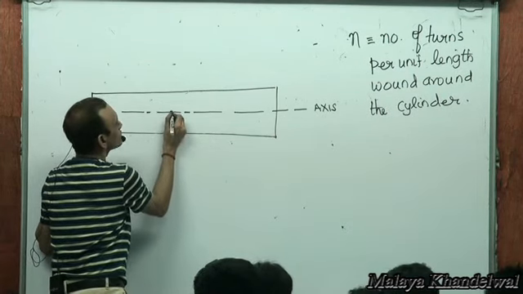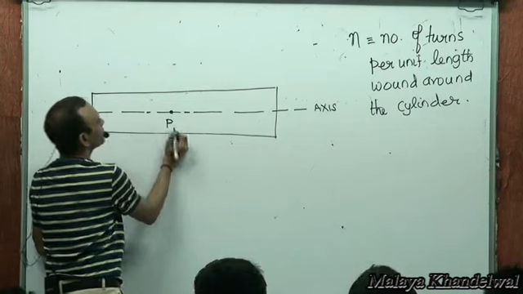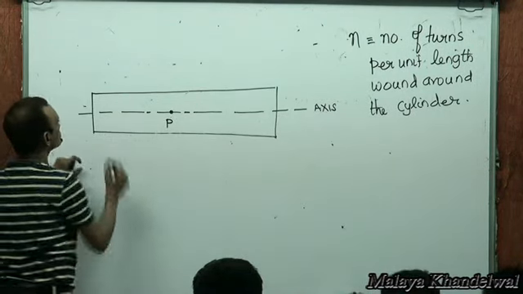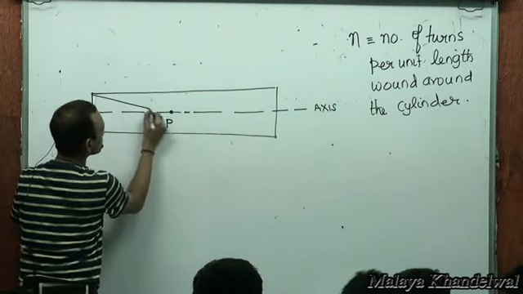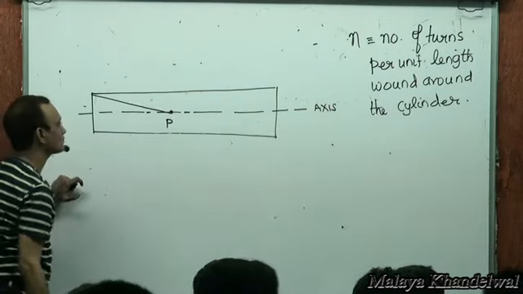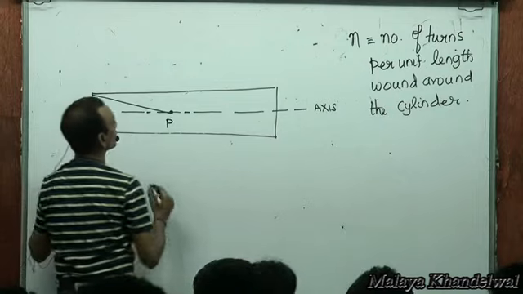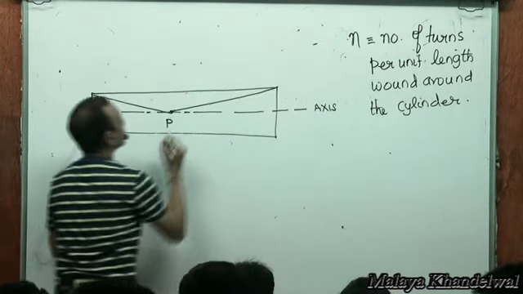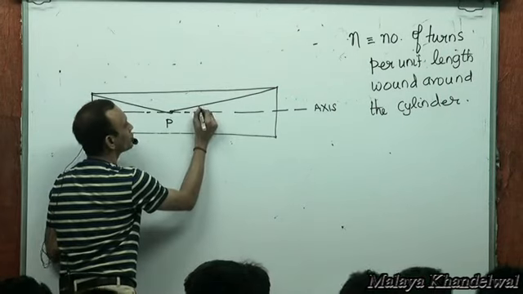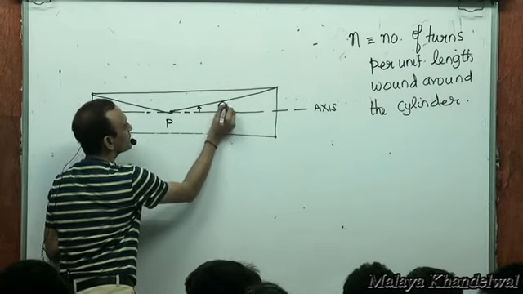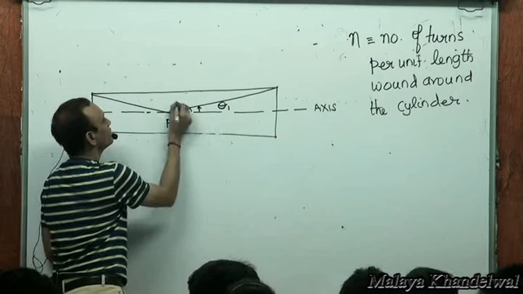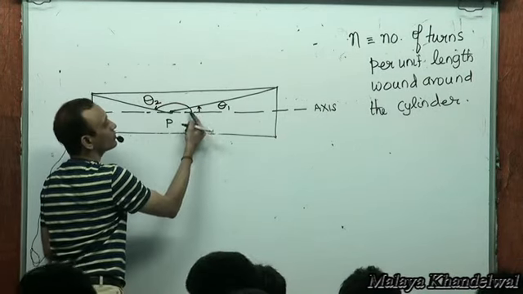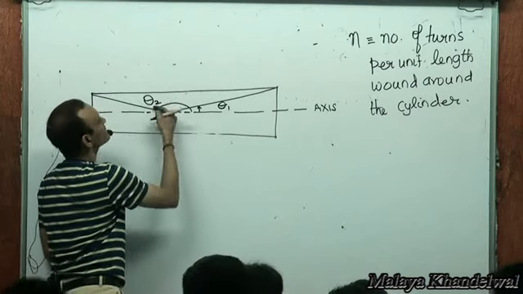Now, this point P is located with the help of two angles, say theta runs from theta 1 to theta 2. This is theta 1 and this is theta 2.